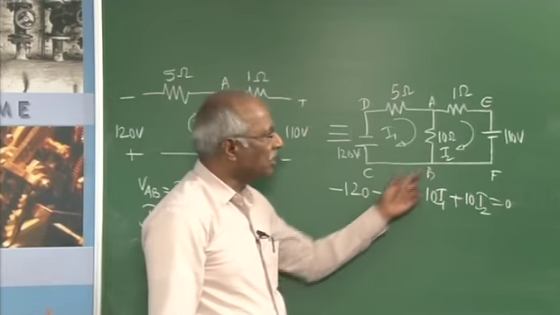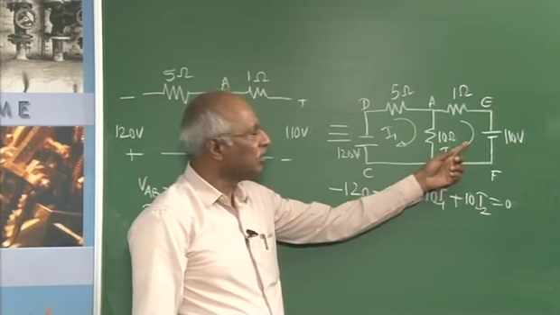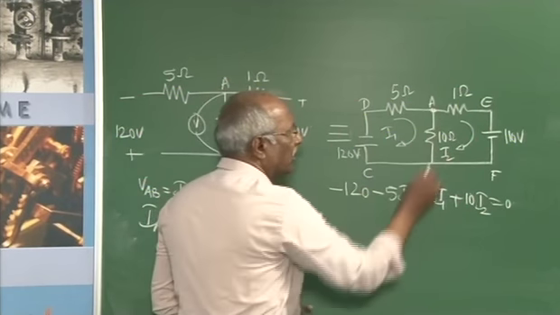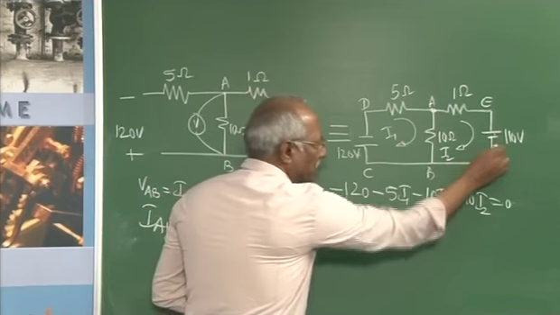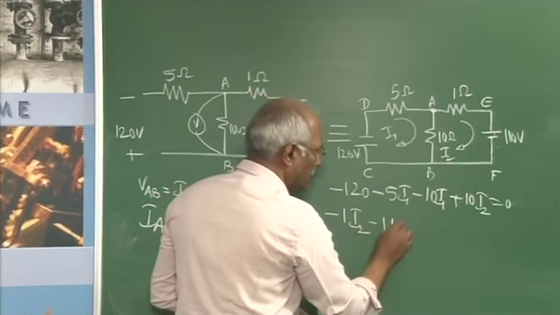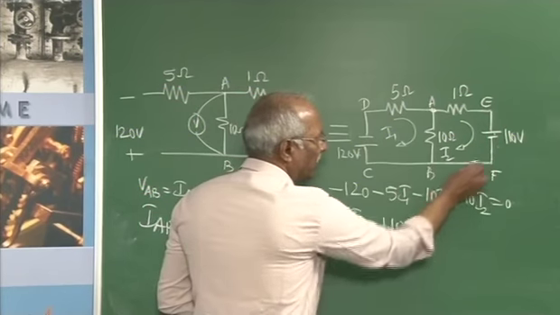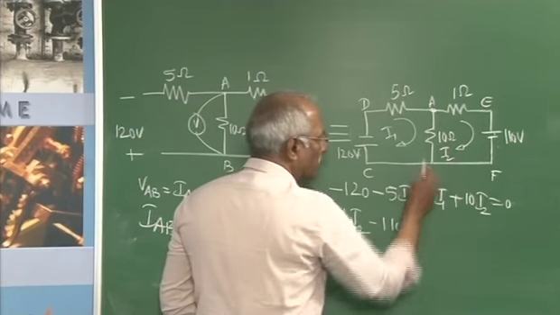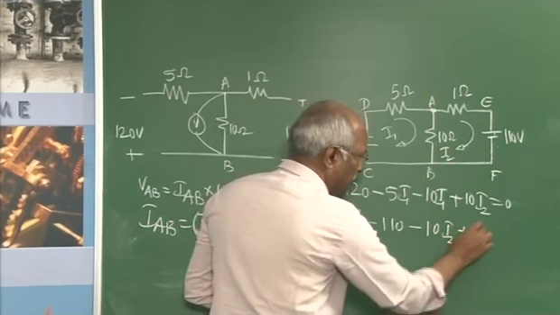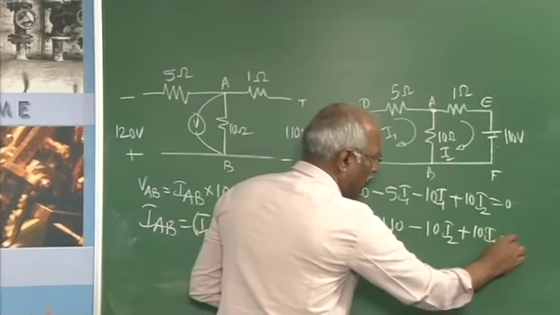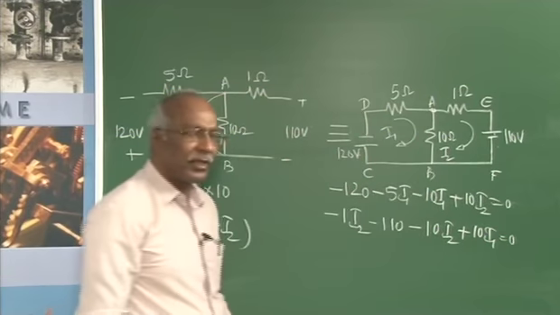This is one equation. The other equation is from this loop. If I start from A, it is minus 1I2, plus to minus, minus 110 volt. Then from here to here there is no drop. As I go this way, it is minus 10I2 plus 10I1, as I am going against this current.